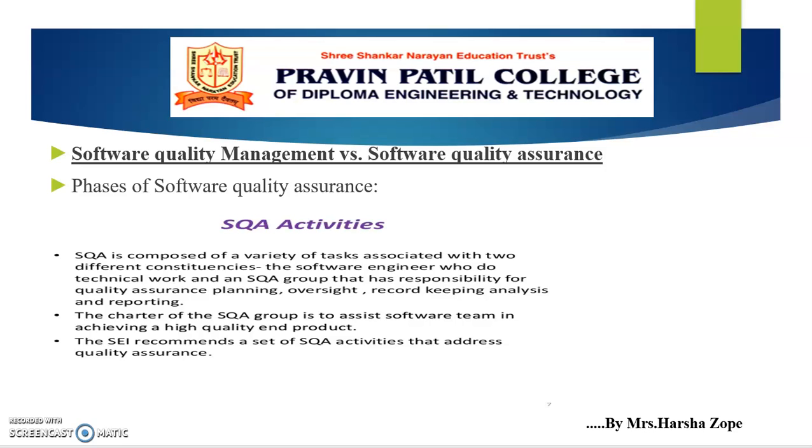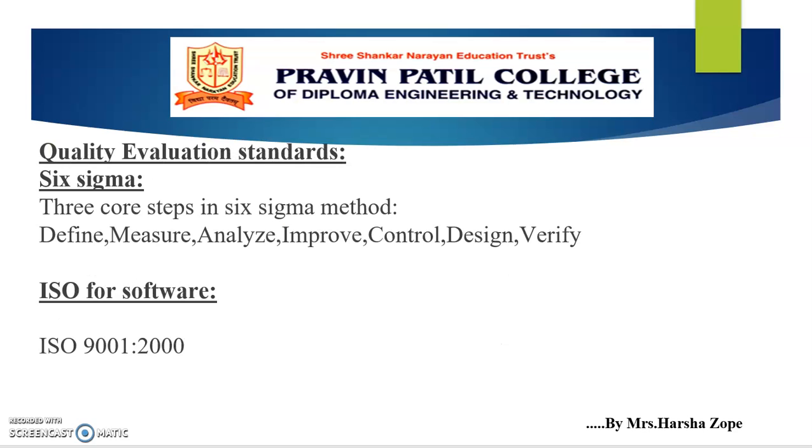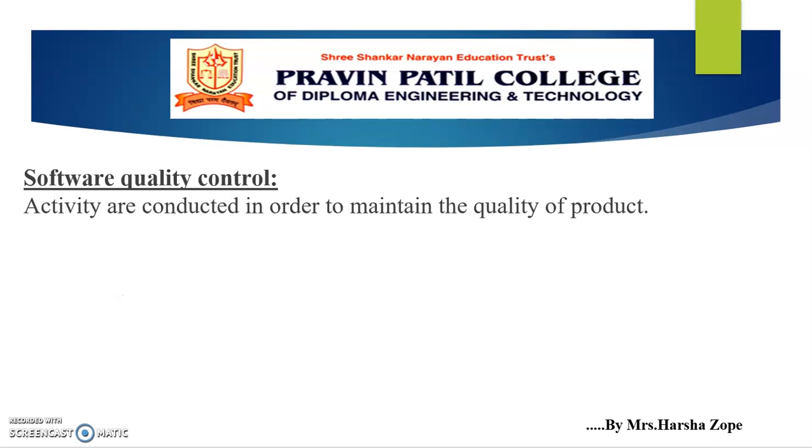The next is the phases of software quality assurance. The software quality assurance activities are: there are some SQA activities that are conducted by the SQA group.